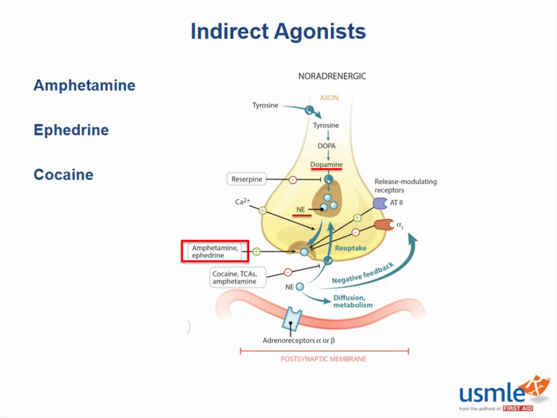Amphetamine has an extra mechanism of action that it shares with cocaine and TCAs. These drugs can inhibit the monoamine reuptake transporters at the presynaptic membrane. This includes all monoamines, including norepinephrine, serotonin, and dopamine.